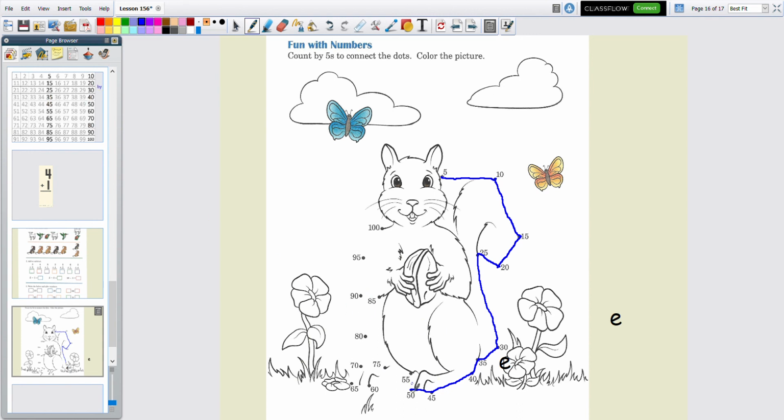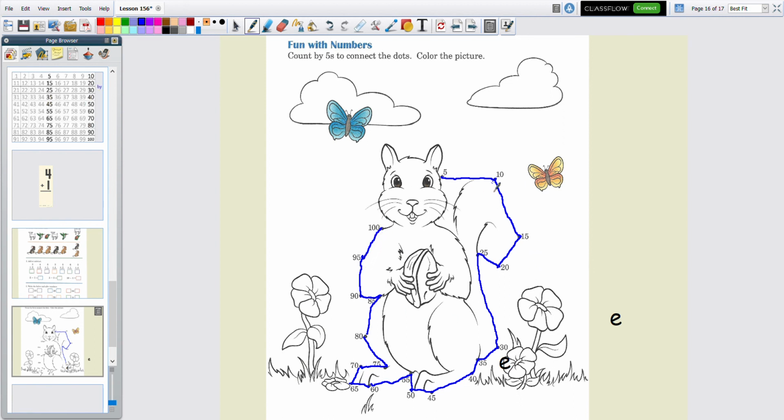That I used to get mixed up on. 55, 60, 65, 70. Then what comes next? Did you say 75? Good for you. Then from 75 to 80. And then from 80 to 85. And from 85 to 90. And from 90 to 95. And then all the way back to 100.